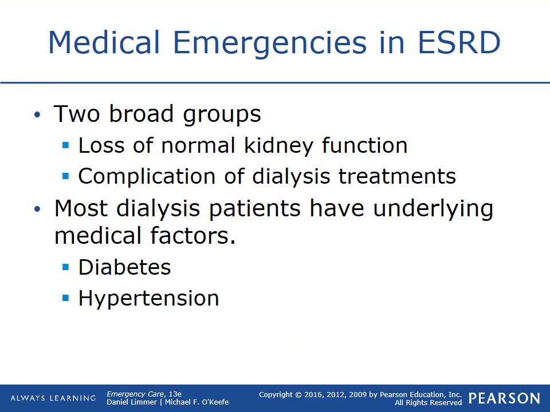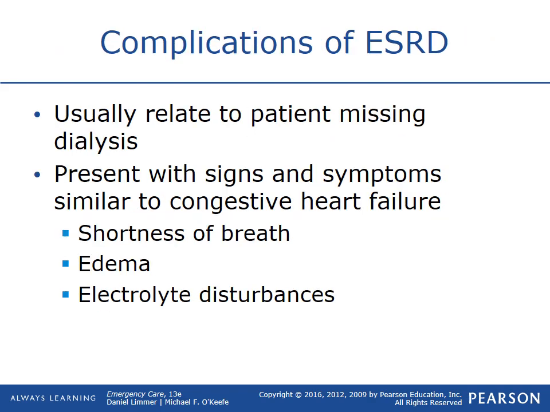So medical emergencies for end-stage renal disease fall into two broad groups. You can have loss of normal kidney function, or you can have a complication of dialysis treatments. Most dialysis patients have underlying medical problems, mainly diabetes and high blood pressure, most commonly. Usually any problems with end-stage renal disease are related to a patient missing dialysis, and then they have toxins building up in their blood.